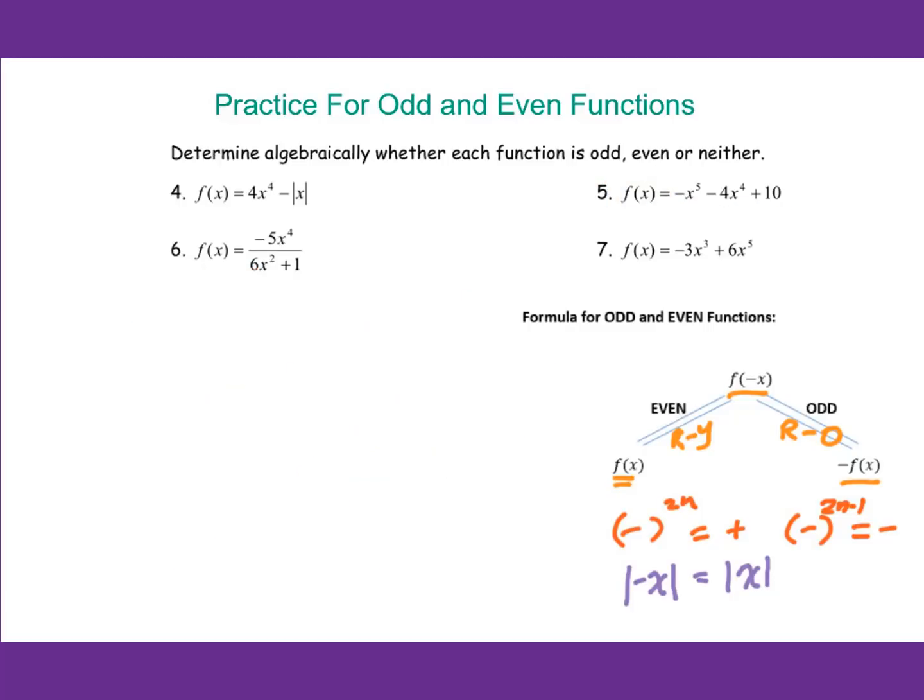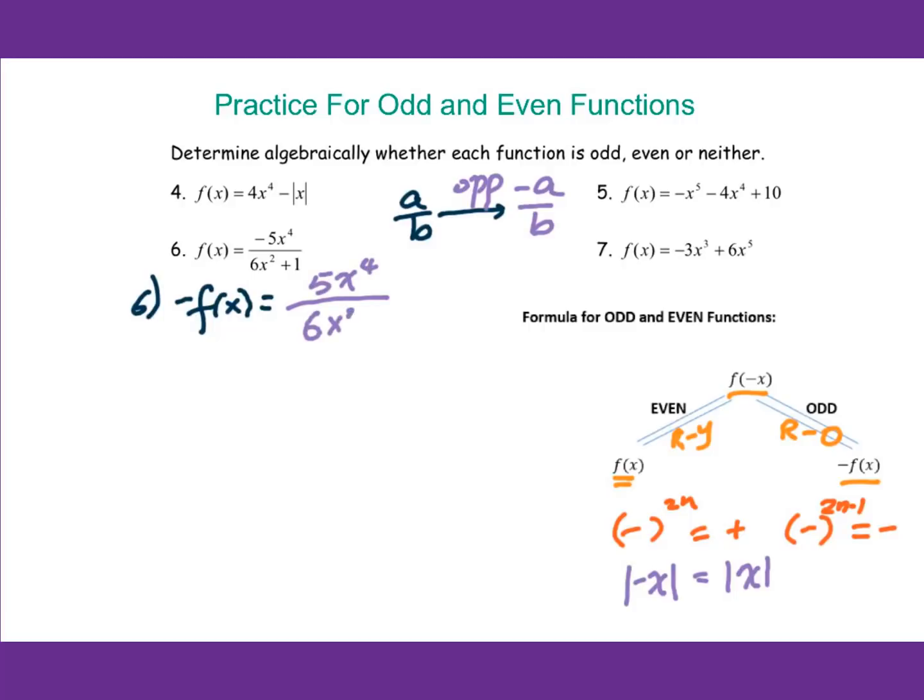Now let's go to number 6. Negative f of x. For a fraction, you have a over b, its opposite is negative a over b. So we need to change the opposite of the numerator. That is negative 5x to the fourth power.